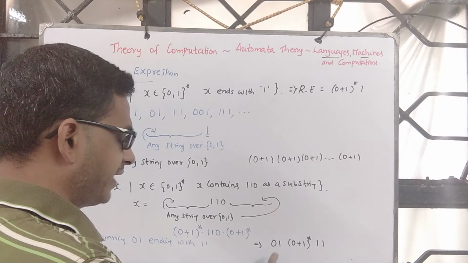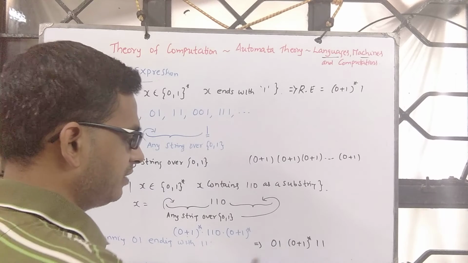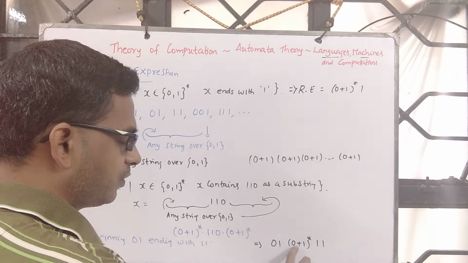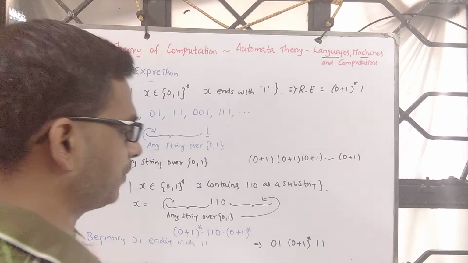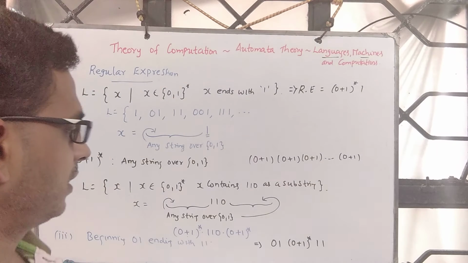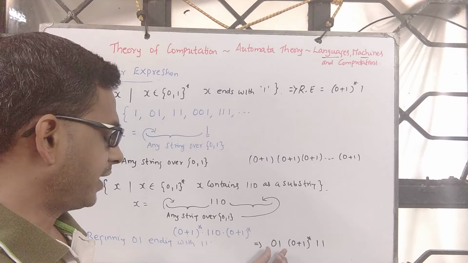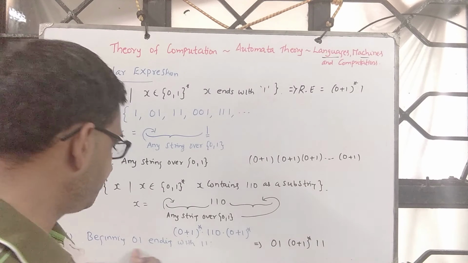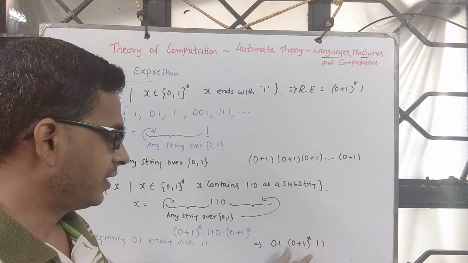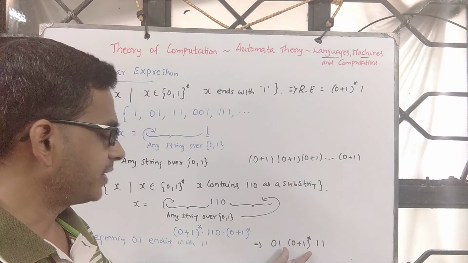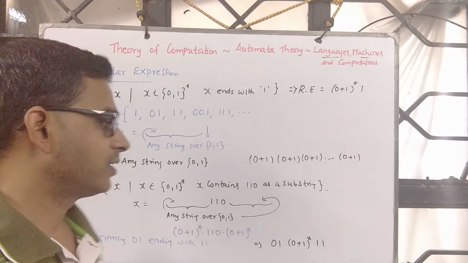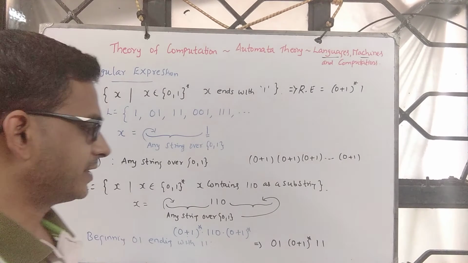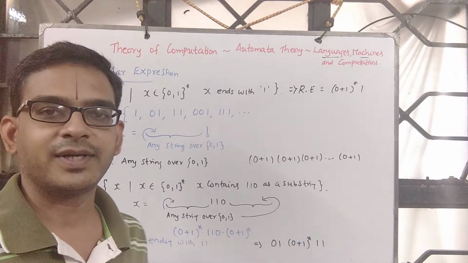The simplest string that one can think of is 0111. In that case, take 0 copies of this. Or 01 followed by 0 followed by 11. So this says any string has this property: it begins with 01 and ends with 11, and in between it can be any string over {0,1}. So like this, let's explore a couple more examples.